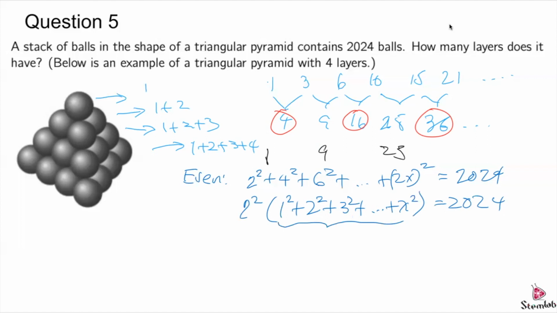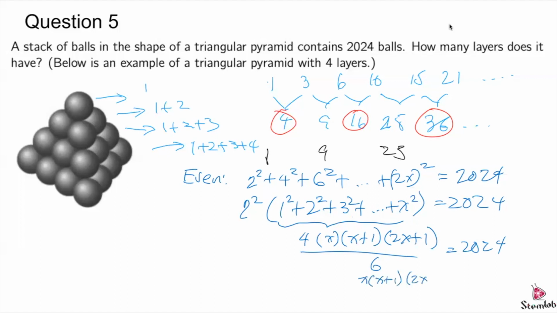So we have 4 times x times x plus 1 times 2x plus 1 all over 6 equals 2024. Okay, this x times x plus 1 times 2x plus 1 all over 6 is basically the identity for sums of squares.